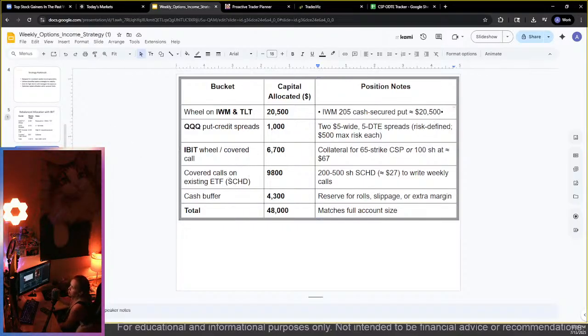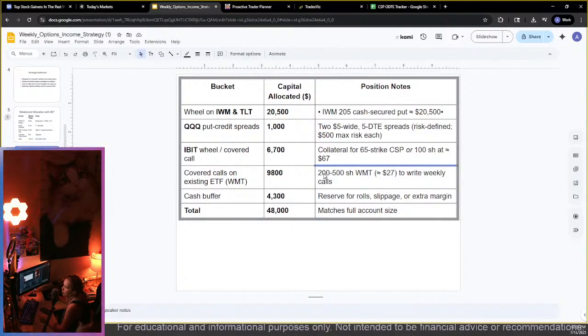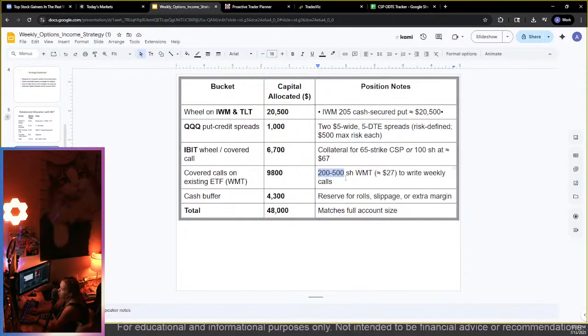So this is actually going to be Walmart probably, because I already have this and it's profitable, so I don't necessarily want to give it up, even though maybe I'll ask ChatGPT what the pros and cons are. I guess one thing is I would get more shares, and so for Walmart I could maybe only do 200 shares or 100 shares versus getting 200 to 500 shares. So I might have a conversation, but right now as it stands, it's still Walmart because that's the position that I have.